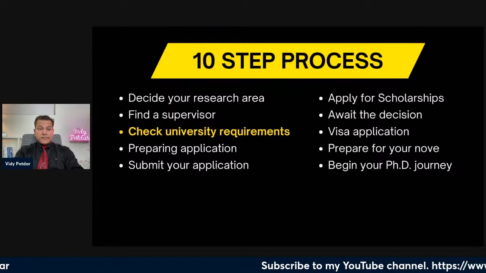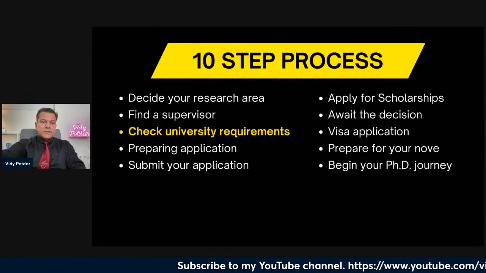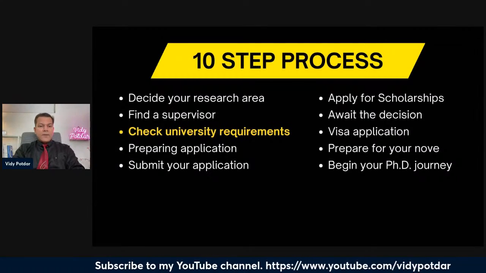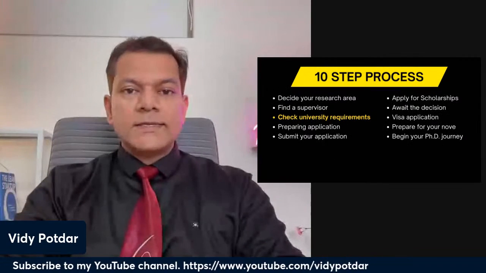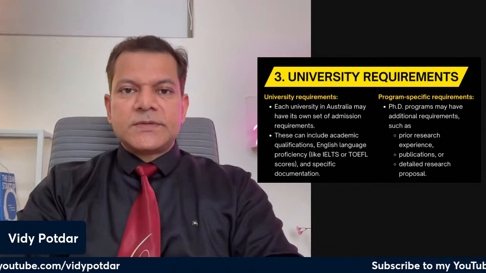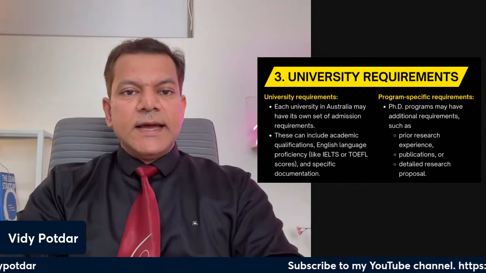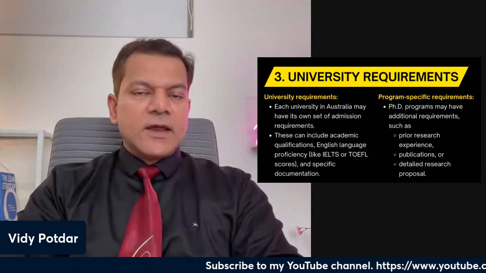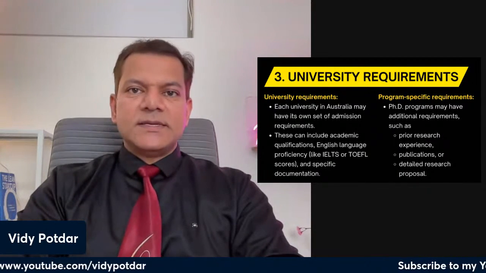All right. Next, we want to see the university requirements. So what is it that universities need in terms of the admission process? Each university in Australia has its own set of admission requirements, and this includes your existing qualifications, your bachelor's degree, your master's degree, and whether those are equivalent to an Australian bachelor's or master's degree.